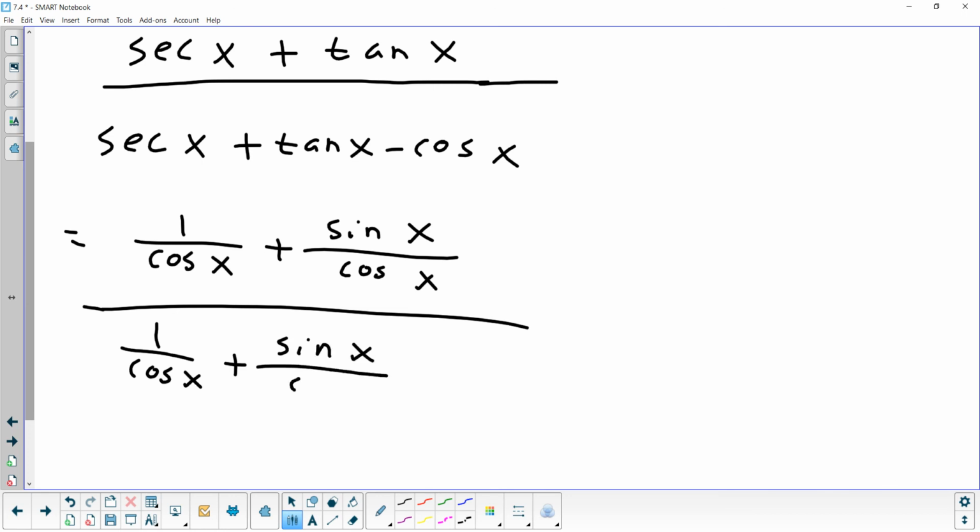Sine over cosine. Minus cosine. Okay. But I kind of see where the top is going.